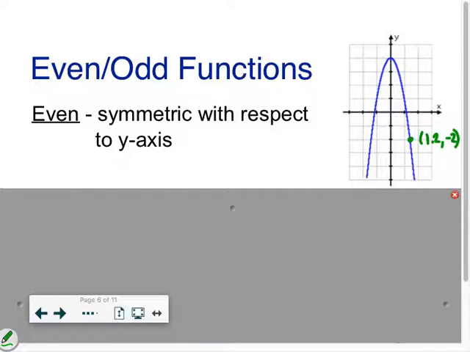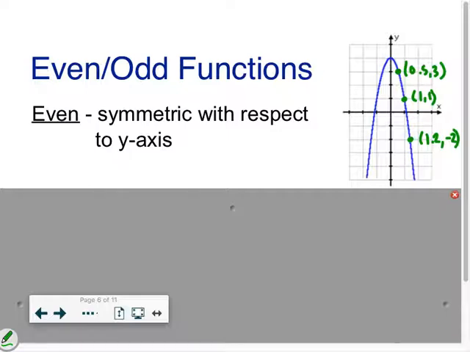This point right here looks to be 1, 1. And this point right here, maybe 0.5, halfway, and then 3 up. So I labeled some points over there.